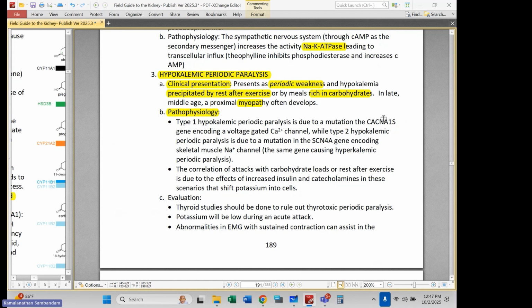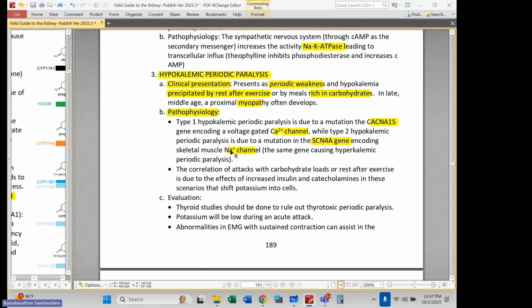The pathophysiology, as I mentioned in hyperkalemic periodic paralysis, is not a K channel. So in general, these are defects in sodium channels and calcium channels. Okay, so we have a sodium channel and a calcium channel that is mutated in hypokalemic periodic paralysis.